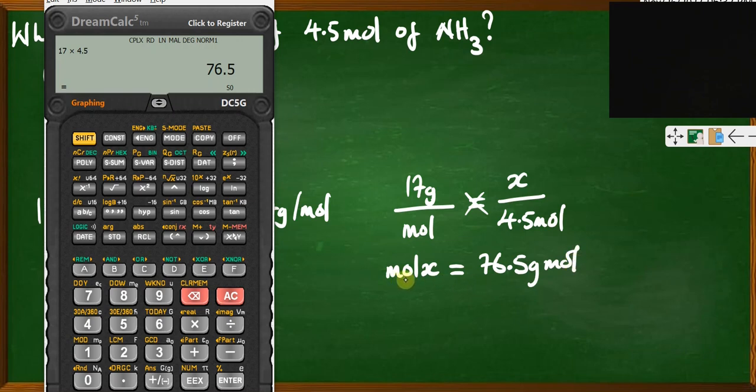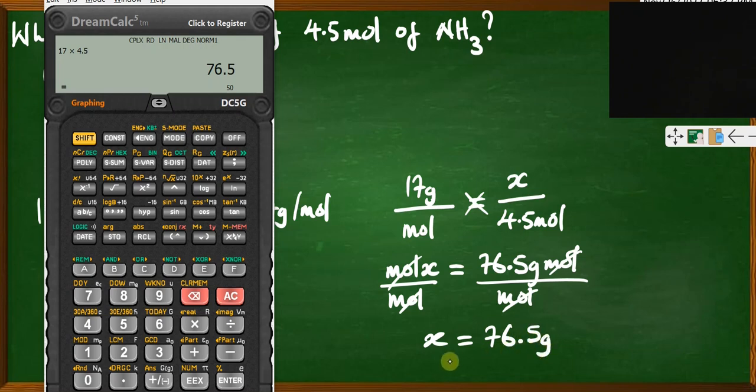Now since we are looking for x and not mole, we'll divide by mole here and also here, so that this mole and that go, and this mole and that go, and we remain with x equal to 76.5 grams.